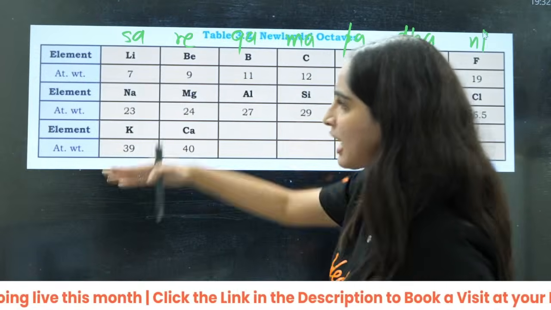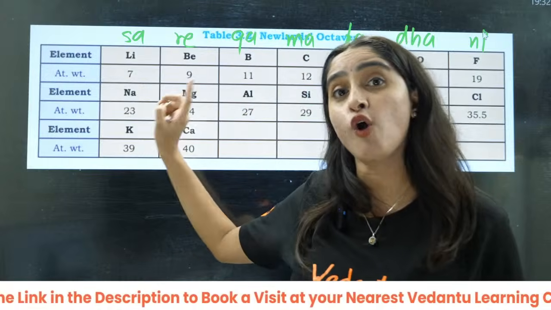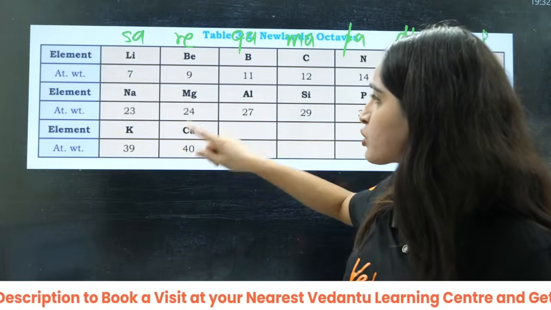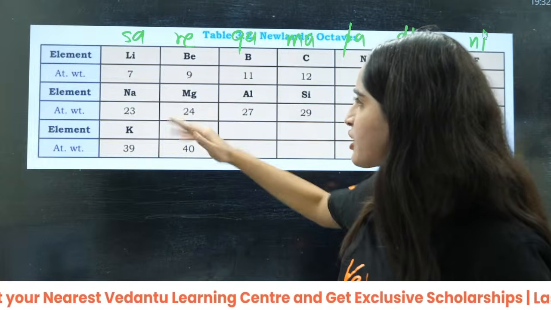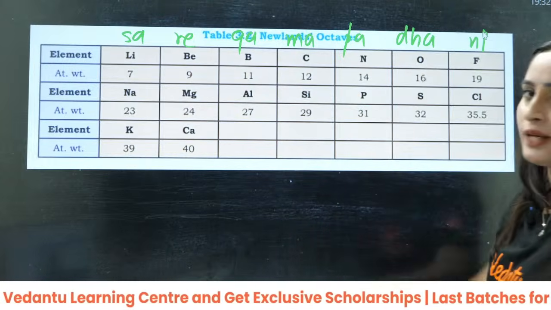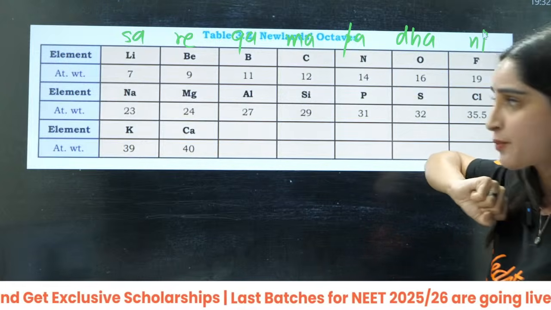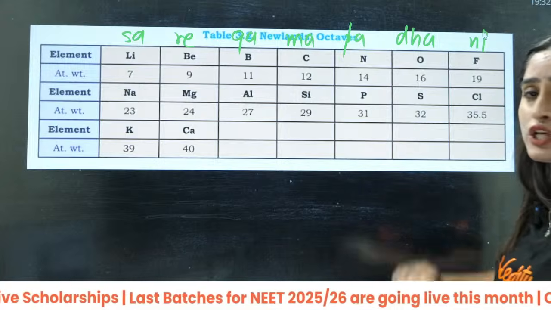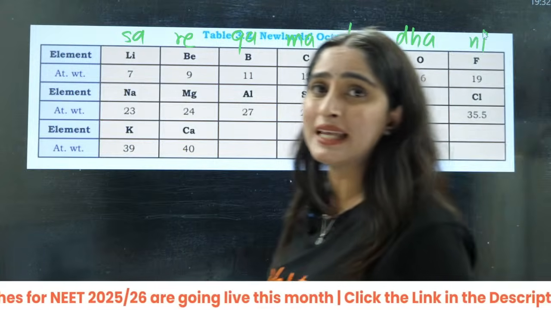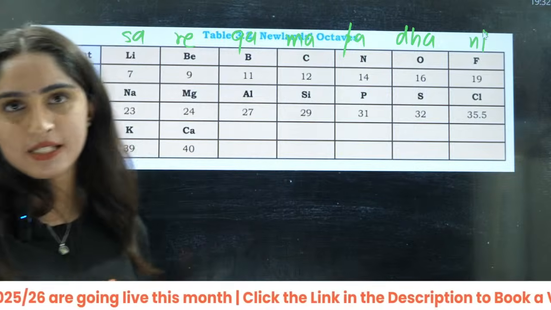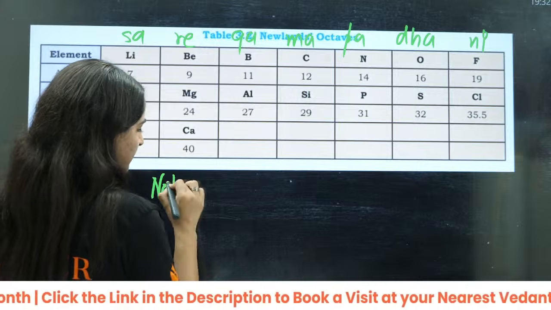Lithium, sodium, potassium was also true for the law of triads. Beryllium, magnesium, calcium. Boron and aluminium have similar properties. Carbon and silicon have similar properties. Nitrogen and phosphorus. Then oxygen and sulfur. Then fluorine and chlorine. These have similar properties, but it was not applicable for heavier elements.